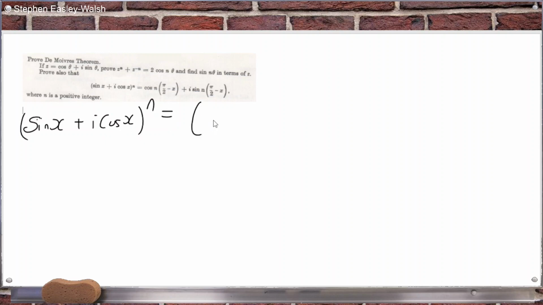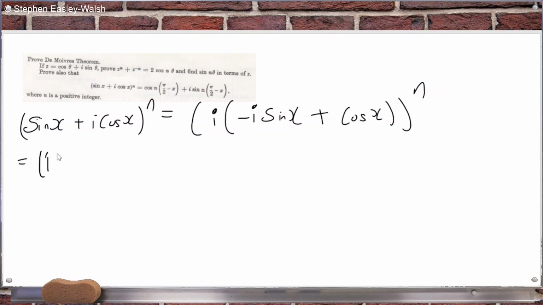That's equal to, I'll take the i out, and if you divide by i, you're left with minus i sin x plus cos x, to the power n. So that's equal to i times (cos x minus i sin x)^n.